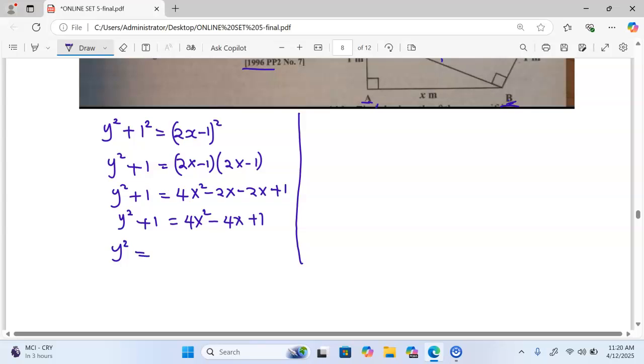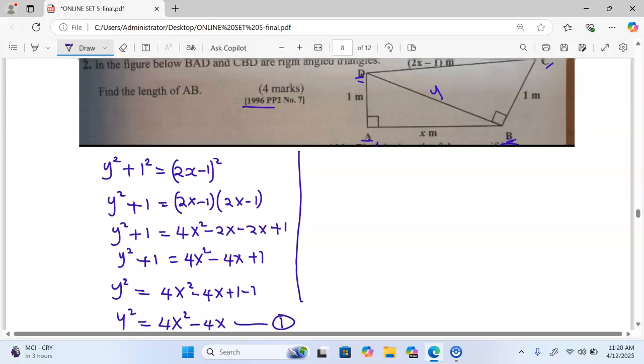Y squared is going to be equal to 4x squared minus 4x, of course, plus 1. Positive 1 crosses over and becomes minus, such that y squared is equal to 4x squared minus 4x, and this can be our equation 1.